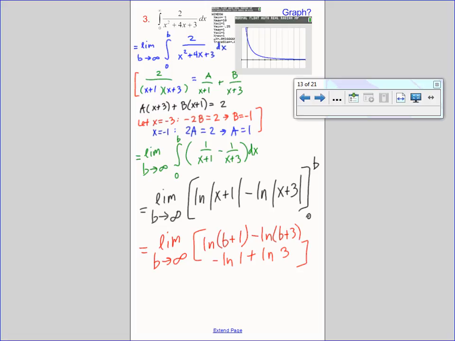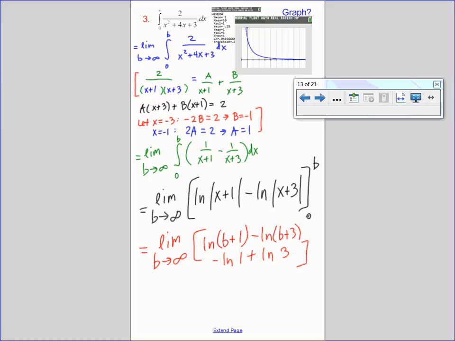Right, that diverged. But I do have ln of infinite minus ln of infinite, which would kind of be like infinity minus infinity, which should be jogging your memory as our indeterminate difference. And so let's use the properties of natural logs to rewrite that as a single natural log and see if that helps us.